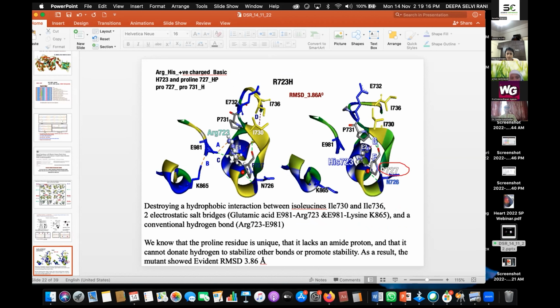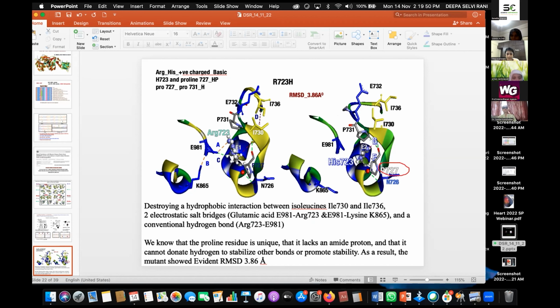This hydrophobic interaction pulls this molecule towards this one, and this proline 727 again forms a hydrogen interaction with proline 731. That pulls this molecule towards this. Because of that, the electrostatic interaction between these two molecules gets broken down, and the hydrogen bond here got broken down. This is the native one. See how the structure is getting disturbed here.